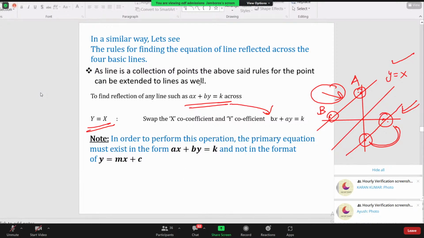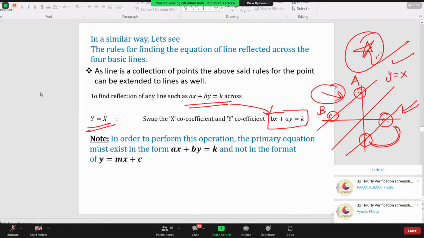So if it is ax plus by is equal to k, you just need to interchange the coefficients. It will become bx plus ay is equal to k, and that will be the answer to the question. So you don't need to get into so many calculations, which I just discussed.